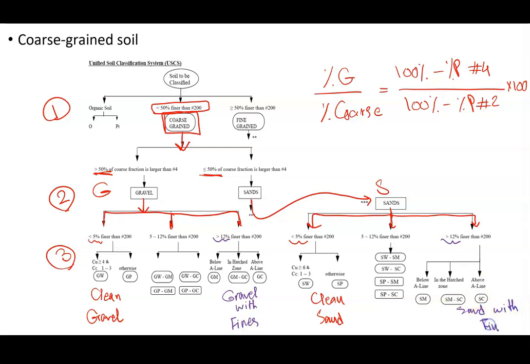And you need to use the plasticity chart to see if the fines we have are silt or clay. And if the amount of fines is between 5 and 12%, then you need to do both of these. So it's a dual symbol, and you need to determine if the sample is well graded or poorly graded. Also, you need to see if the fines that we have are silt or clay.